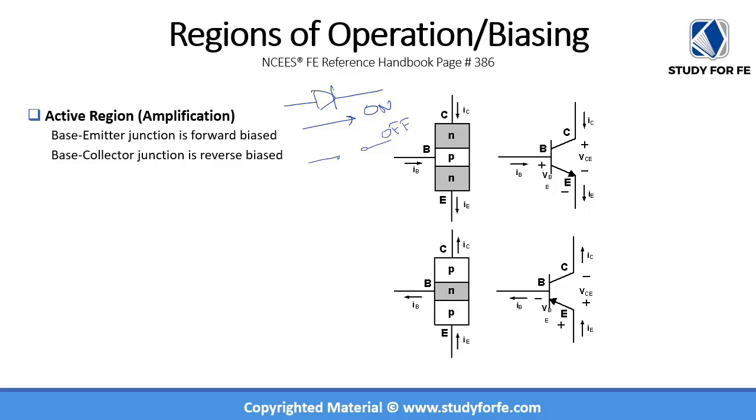In the case of the BJT, we have another function, and that is true for all transistors. We have a mode of operation which is called amplification. This is why transistors were such a huge breakthrough in the early 1960s, I believe, or 50s, and they really took off in the 60s and 70s because of amplification.